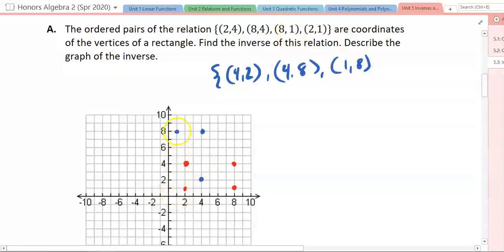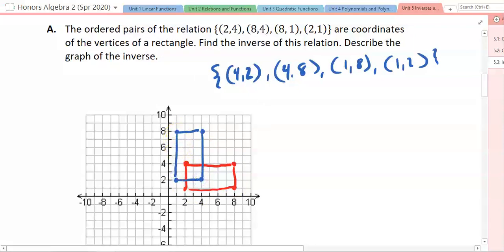And the last ordered pair (2, 1) becomes (1, 2). And so we end up here. So I've gone from this red rectangle here, that's long, to this blue rectangle that is tall. That's what happens with inverses.